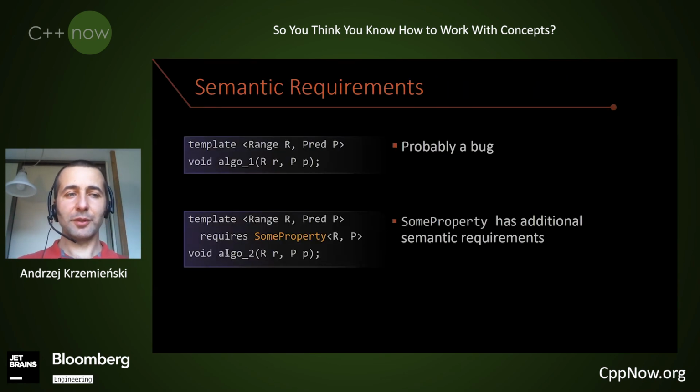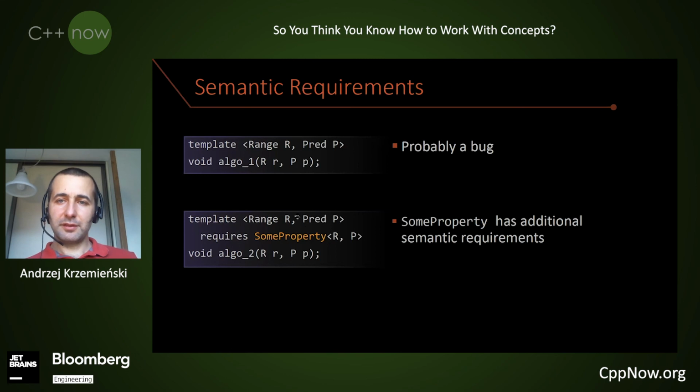In fact, this is a more general observation: when you have a template that takes two arguments, P and R, and P has its own constraints and R has its own constraints, and they are not related, you probably have a bug in your code. This is a code smell, because they should be two functions, actually.